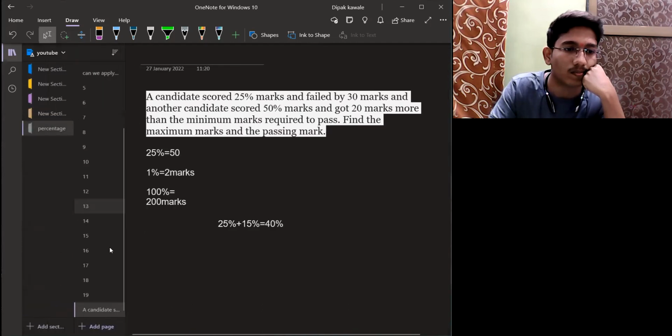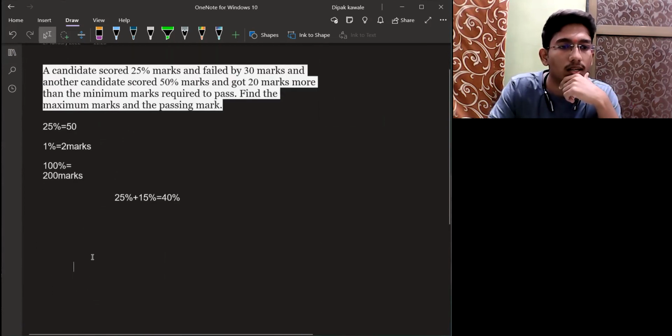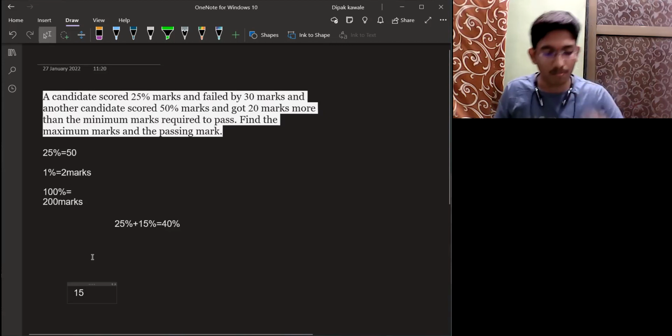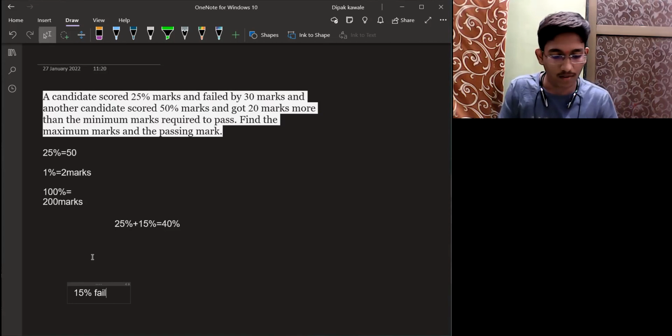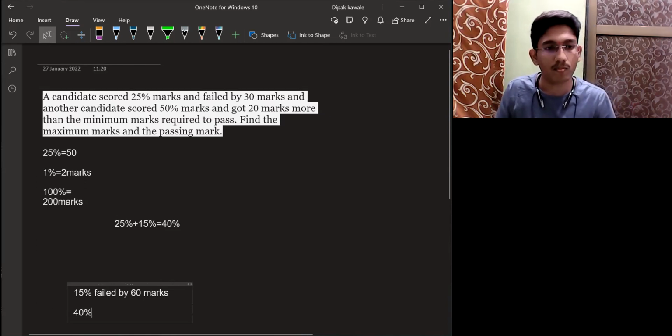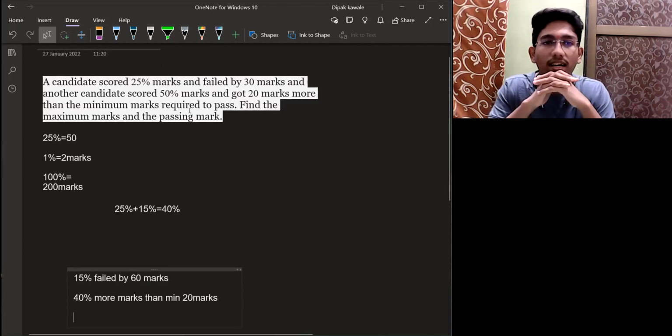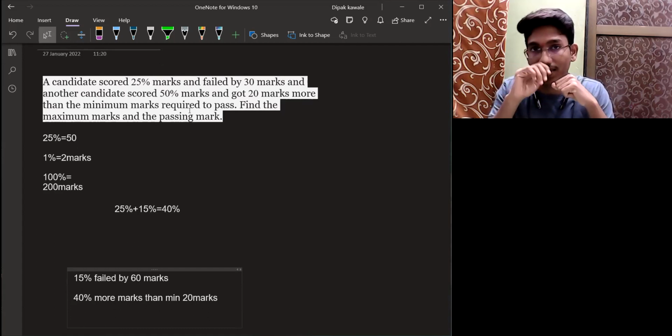Let's say a candidate scores 15% and fails by 60 marks, and a candidate gets 40% and has 20 more marks than the minimum. Now find the maximum marks and also find the minimum marks.